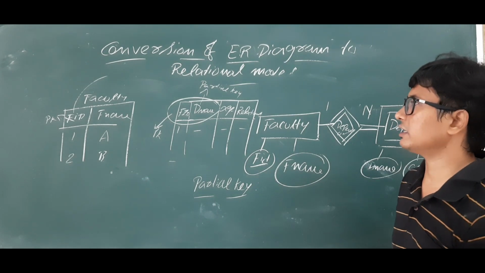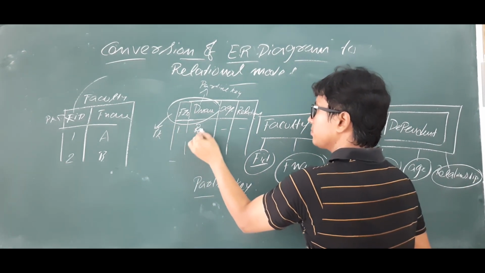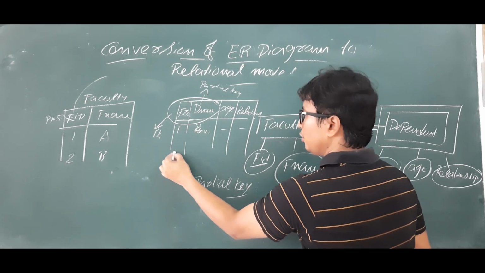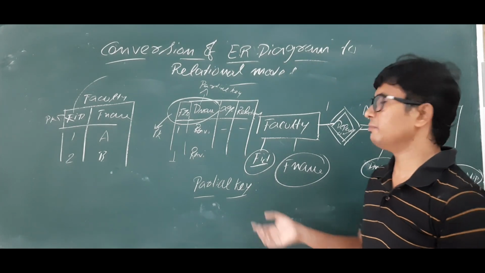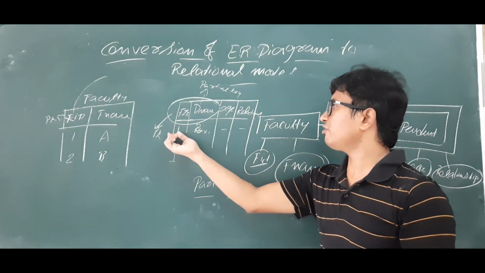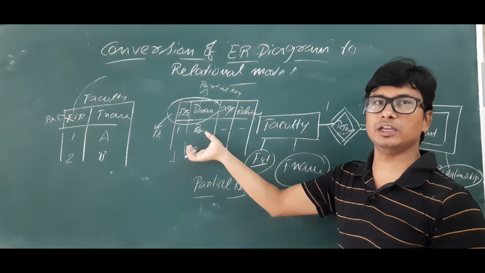Are you able to understand? For example, one faculty will not have two dependents with the same name.